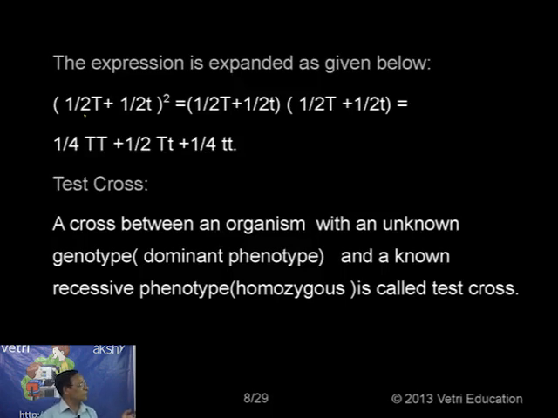Each one has the probability of fertilizing the opposite gamete, that is either egg or sperm, as the case may be. We receive the same expansion, the binomial expression: 1/4 capital T capital T plus 1/2 capital T small t, and then 1/4 small t small t. That means 25% homozygous dominant, 50% heterozygous dominant, and 25% homozygous recessive. So this is what we have in respect to the law of segregation.